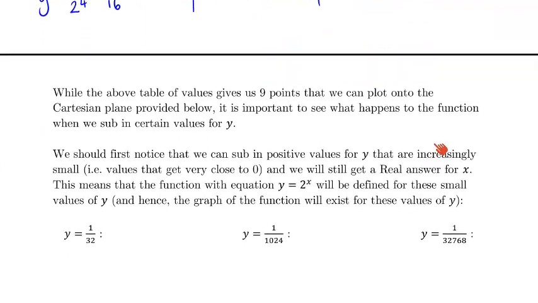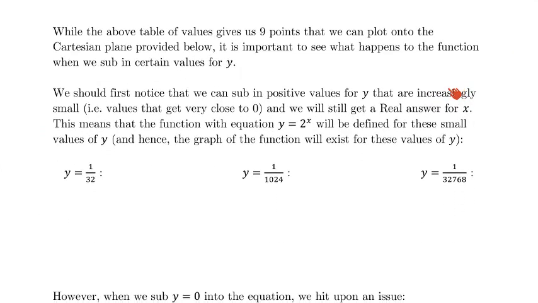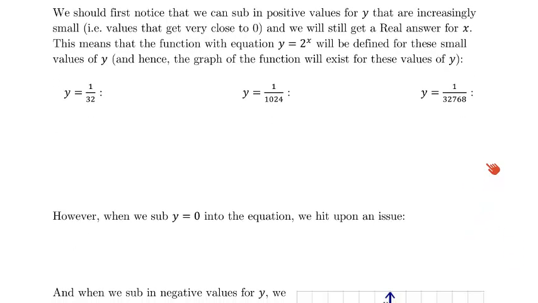But before we do that, guys, while the above table of values gives us 9 points that we can plot onto the Cartesian plane provided below, it is important to see what happens to the function when we sub in certain values for y. Now, we should first notice that we can sub in positive values for y that are increasingly small, and we will still get a real answer for x.